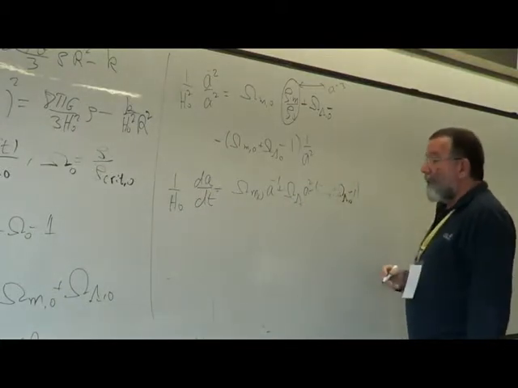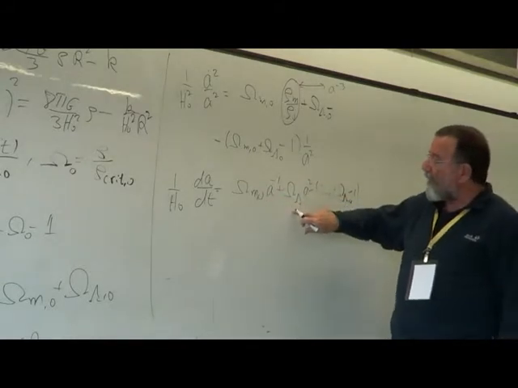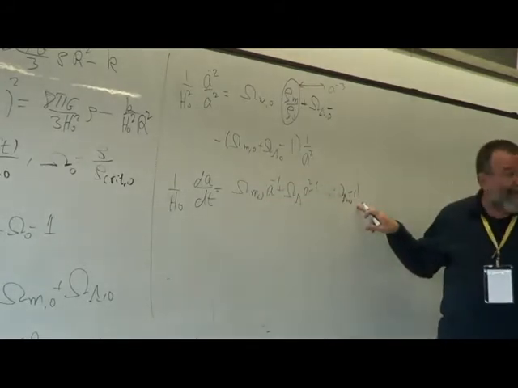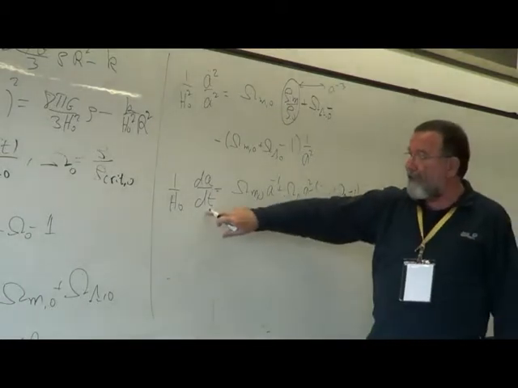That's it. And so now I can write a differential equation where you see that I can do a separation of variables. Here I have only dependence on a, the scale factor, the normalized k factor, and I have here a t.